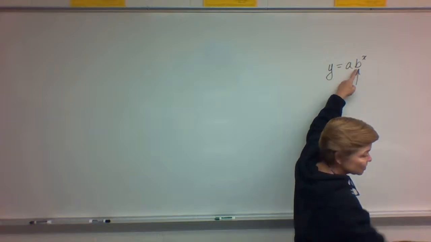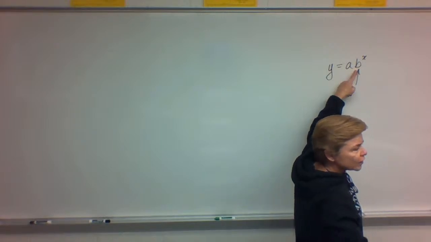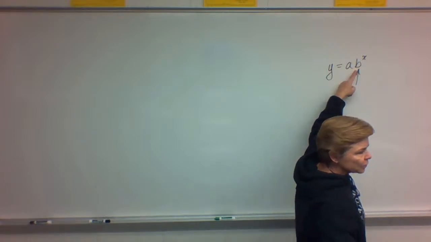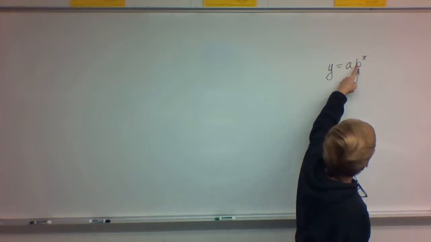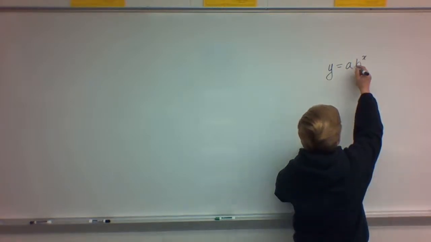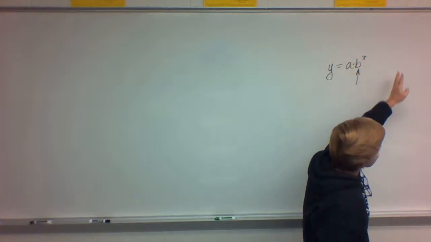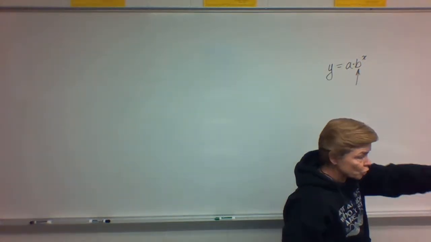Guess what this is in this situation? 2. That's what gets used over and over and over again to get the next successive y value. That's why it's exponential, because you've got this thingy being used again and again as a multiplier. That's what this means, b times b times b times b times b. And it's 2 in this case.